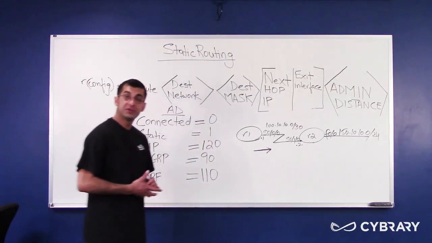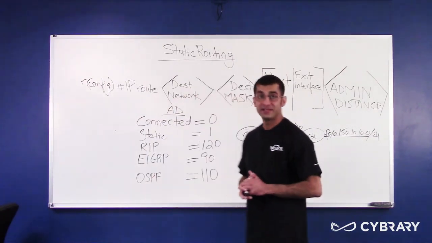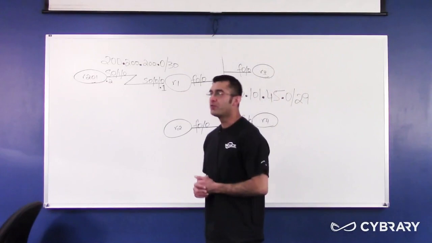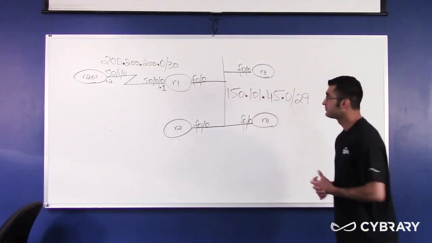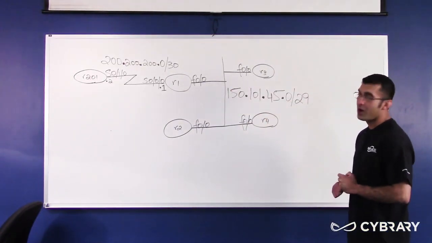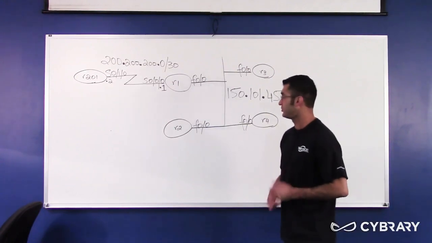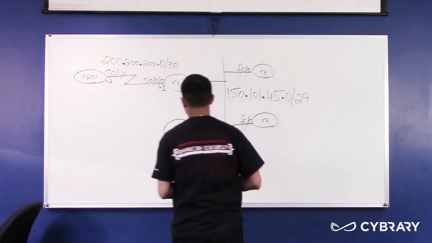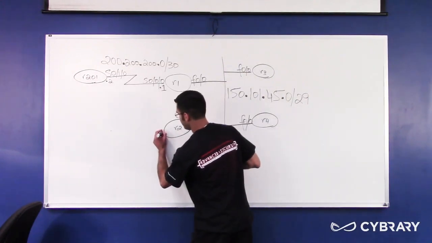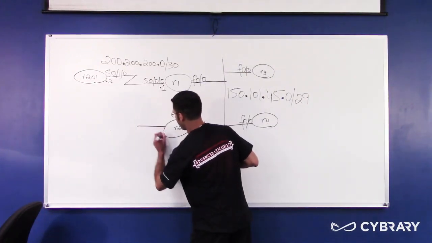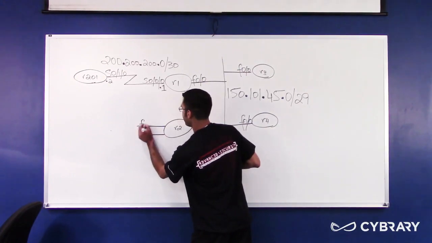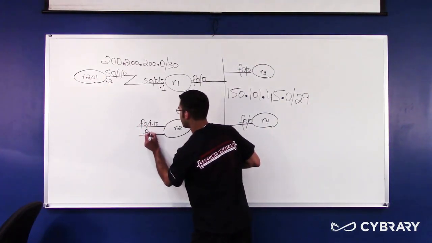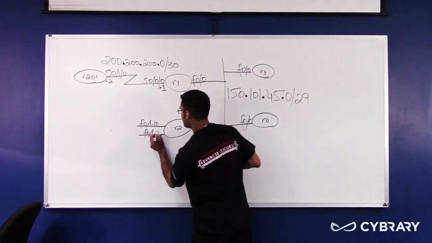So that concludes the command syntax portion of how to create a static route. Before I move on to my static routing lab, I just wanted to draw out our topology that we're using in our lab on the board. I forgot to draw the two sub-interfaces that exist here on router 2. So we have F0/1.10 and F0/1.20.